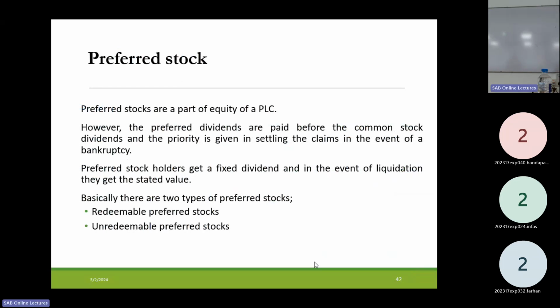What is the difference then? You are getting a fixed dividend. For what?